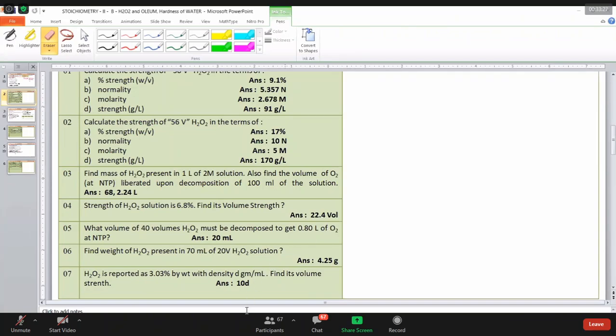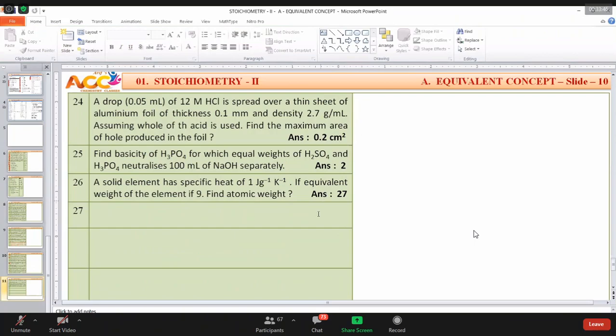Are you able to see the other screen now? Just check whether the screen has changed. Yes, this was the question. Wait a minute. Is it now visible?